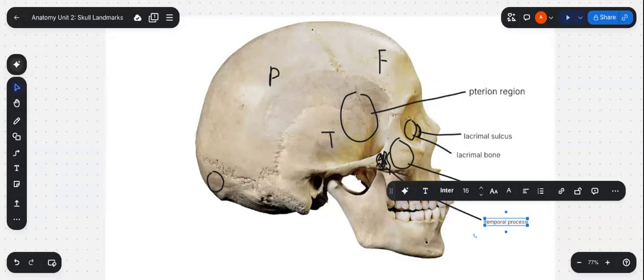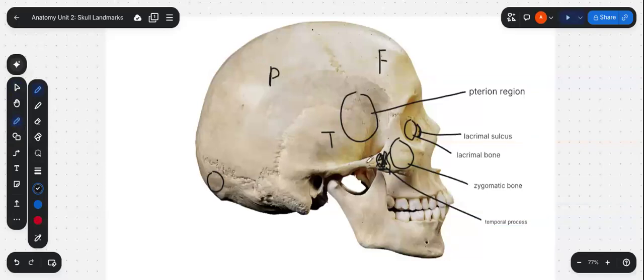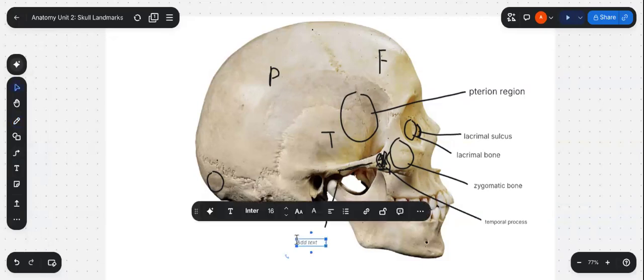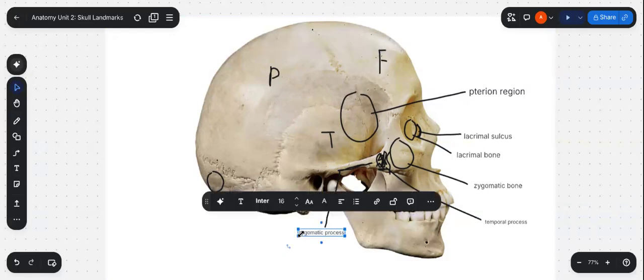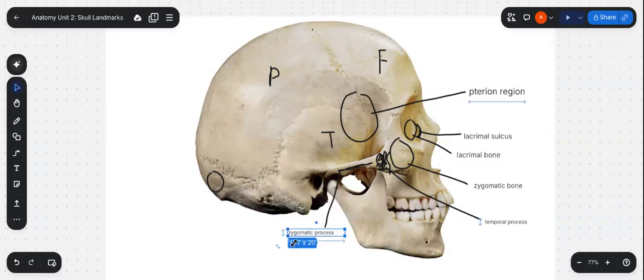And then you have your zygomatic process. The zygomatic process is this line over here, that thin, skinny little piece of bone. Next, you have something that is called your zygomatic arch.